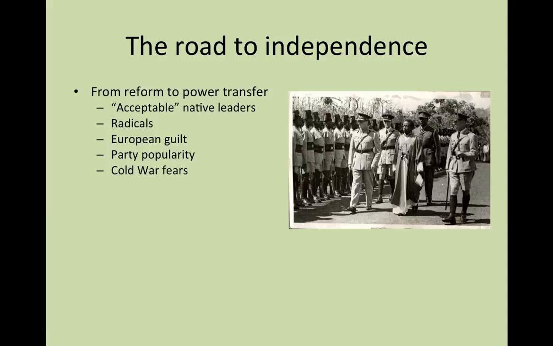Some of them, many of them, in fact, were intellectuals with a pan-African tendency, who saw the advisability in kind of colluding with and organizing across colonial lines with other African leaders. And these radicals often, I think in most cases, ended up achieving greater popularity than their accepted native leader counterparts who were already working with the colonial powers did.